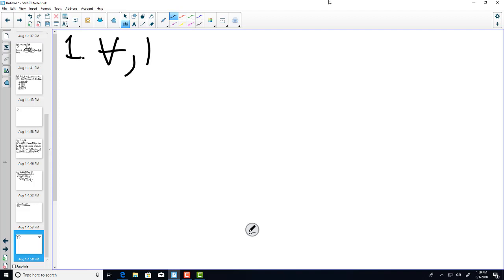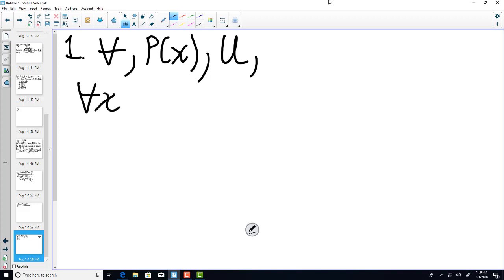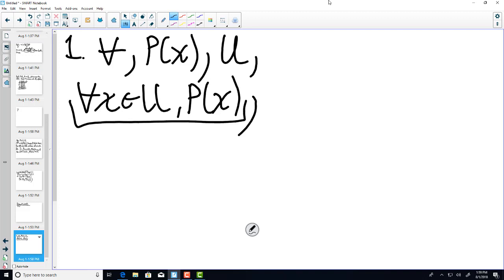If P(x) is some statement and U is a collection of all values of x, then when we say for all x in U, P(x), this means that the whole statement is true if for all x in U, P(x) is true.